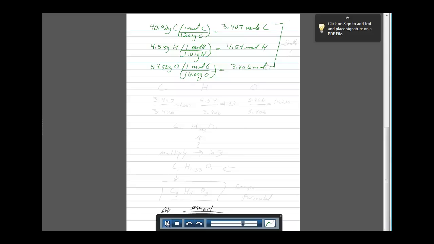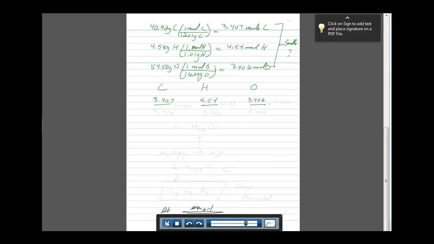Now what we need to do is compare all three of these numbers of moles to one another and determine which is the smallest. And when we look at these, it appears that the one for oxygen seems to be the smallest one. And so what I'm going to do for carbon and hydrogen and oxygen is take each one of the moles that we've calculated. That's for carbon, that's for hydrogen, that's for oxygen.